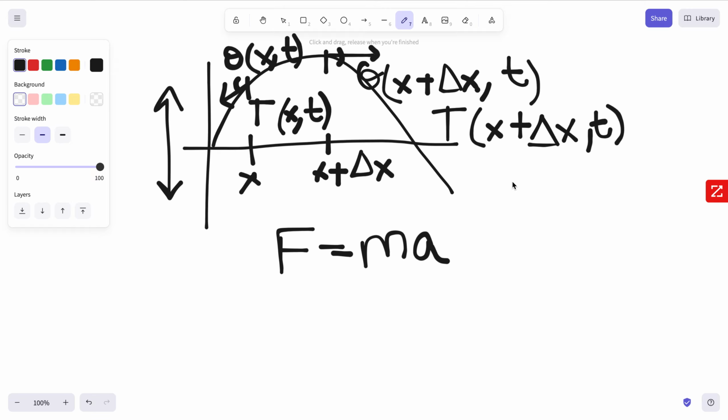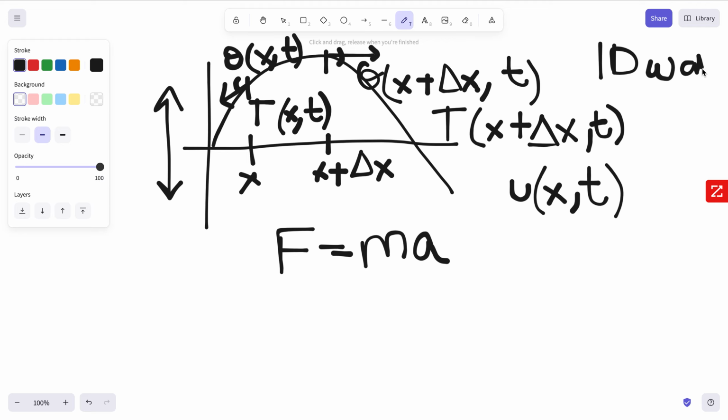We want to create an equation for u of x comma t based on the parameters of x and time, right? Based on where we are and at what time we are. We want to know what our vertical position is since we're deriving the one-dimensional wave equation.